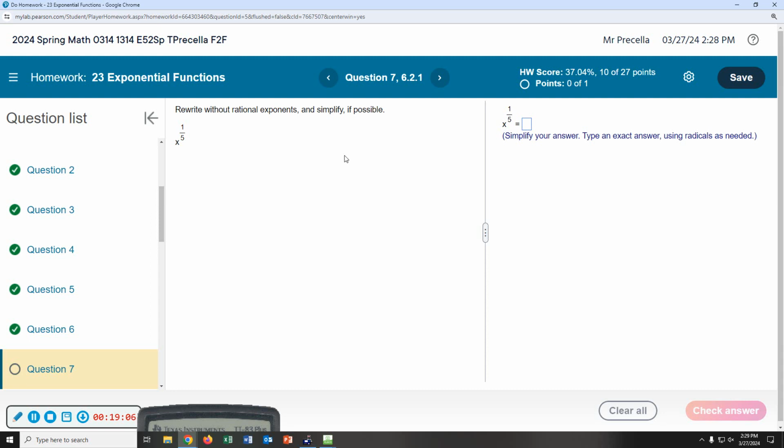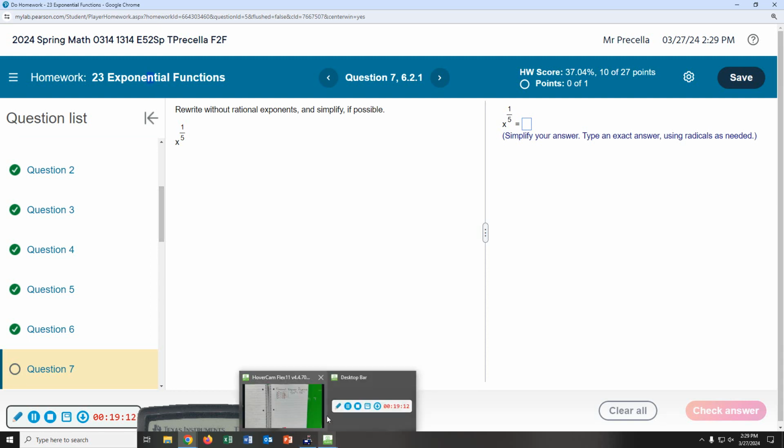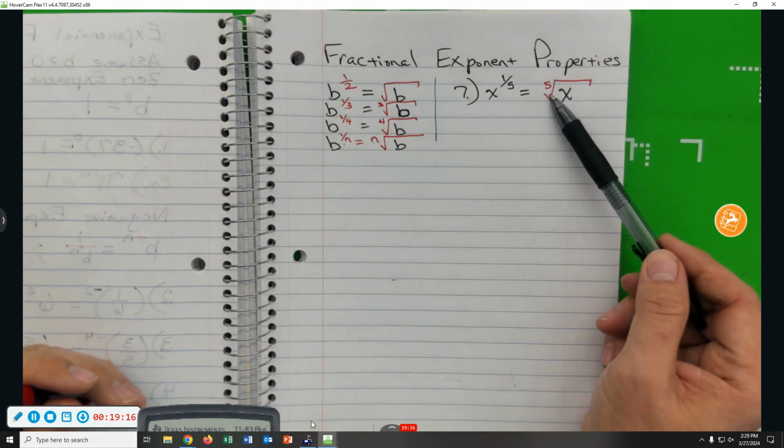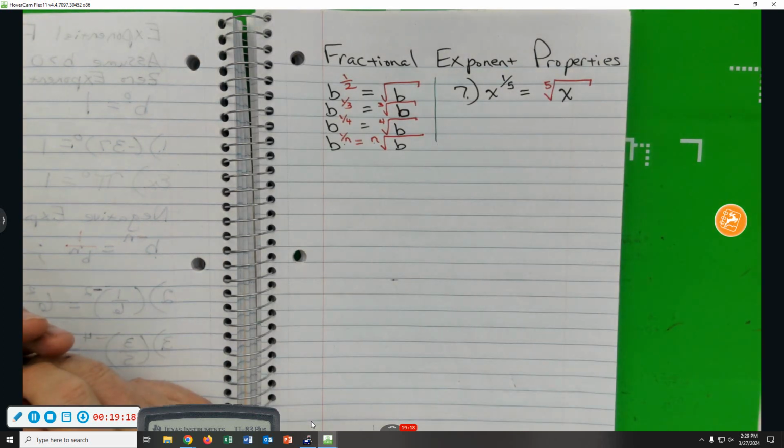That 1/5 exponent is the same thing as the 5th root.